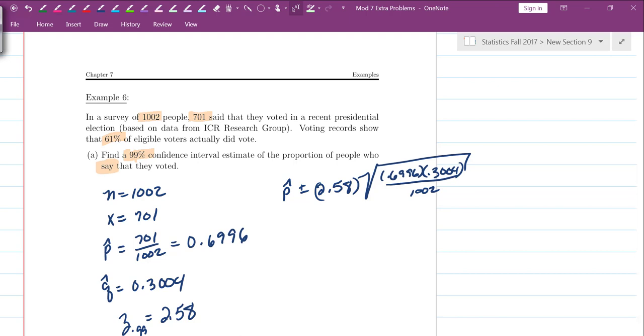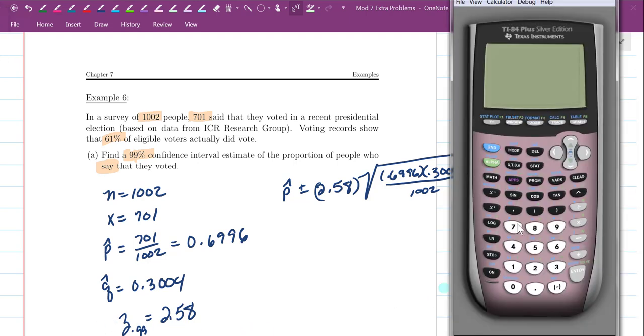Our p hat there is 0.6996. So let's go ahead and grab our calculator. I have 0.6996 subtract 2.58 multiplied by the square root of 0.6996 multiplied by 0.3004 divided by 1002.